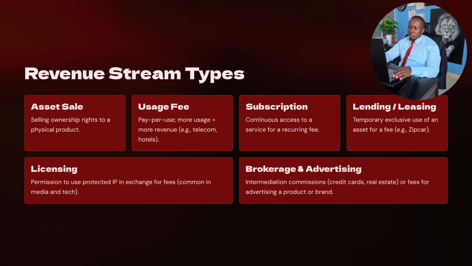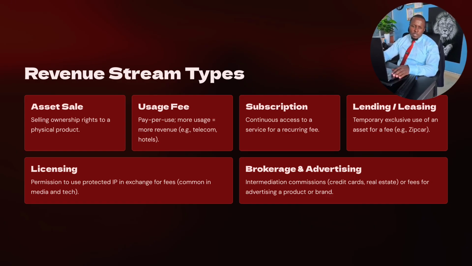An alternative revenue stream is lending or leasing. Here you temporarily offer exclusive use of an asset at a fee. So, for example, a car hire business falls under this particular leasing model. For that period when someone is using the particular good or product, they pay you those fees.